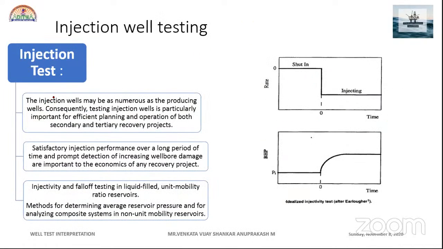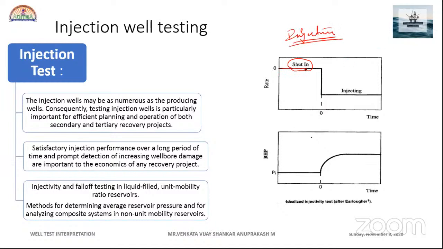Now the injection well test. If you observe, we are shutting in initially, but you may have a question: sir, even though it was shut in, why is the response drawn like this? Because we are injecting in the opposite direction.